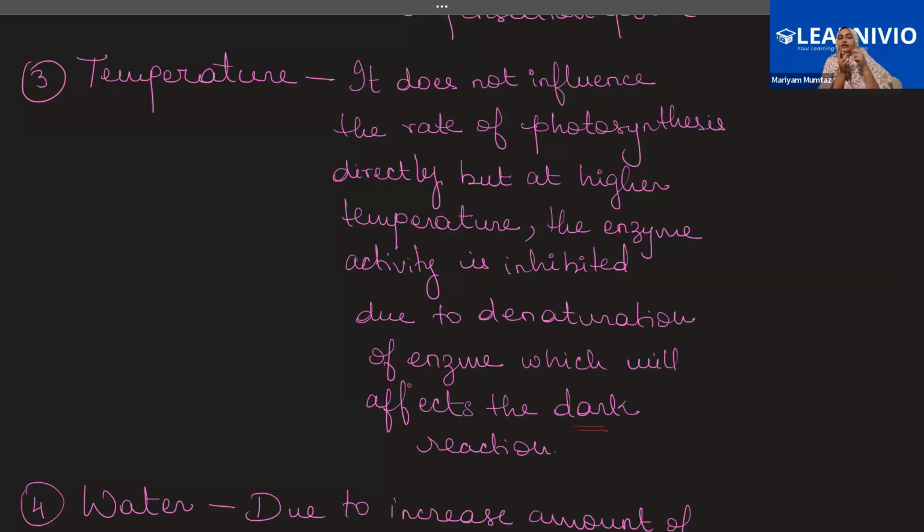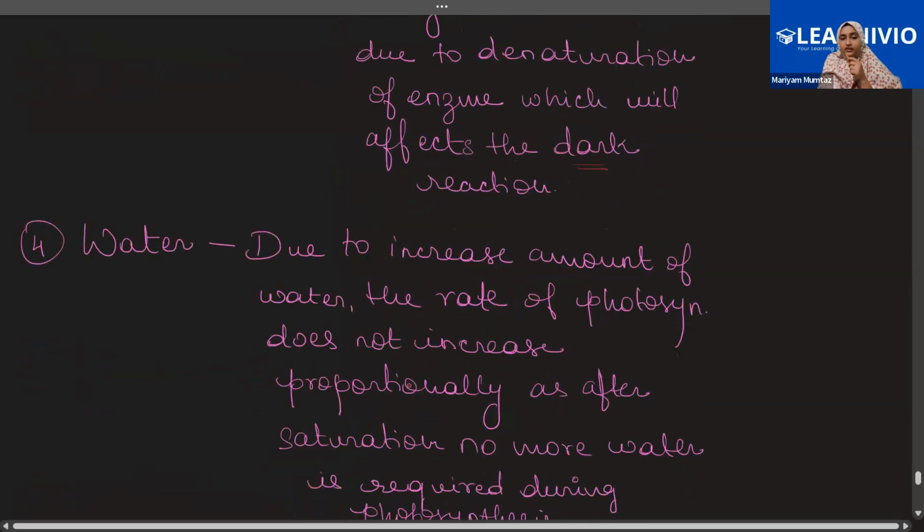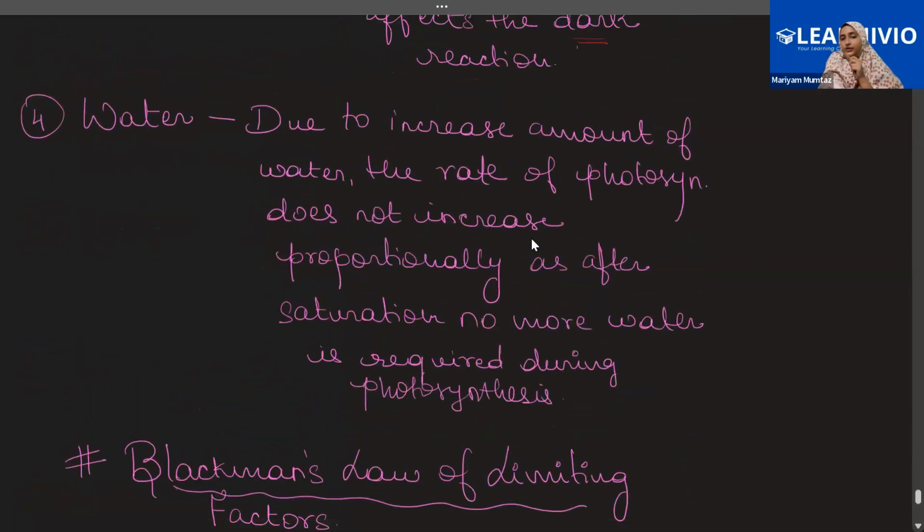Now, the next factor that affects the rate of photosynthesis is water. Due to the increased amount of water, the rate of photosynthesis does not increase proportionally, as after saturation, no more water is required. Same thing, just like how light had a saturation point, same way for water also.